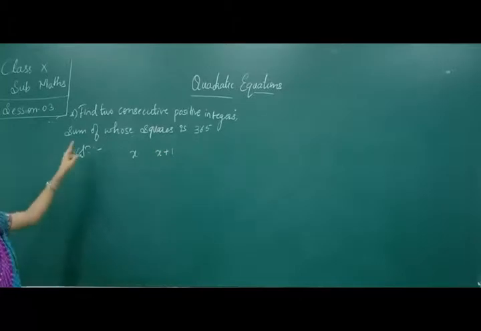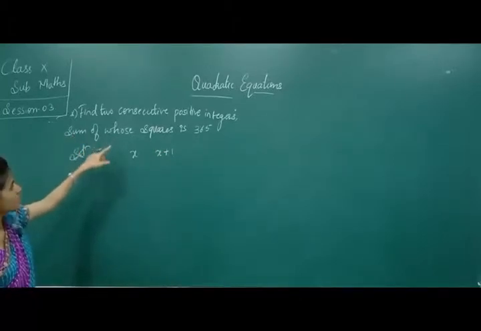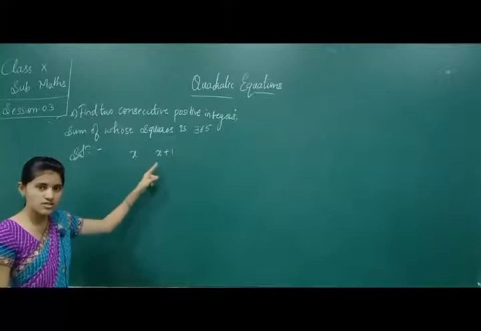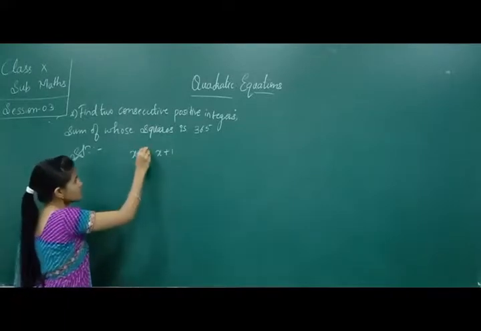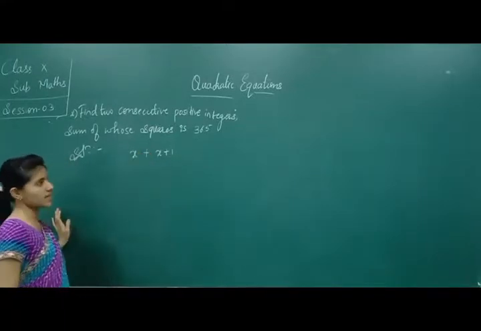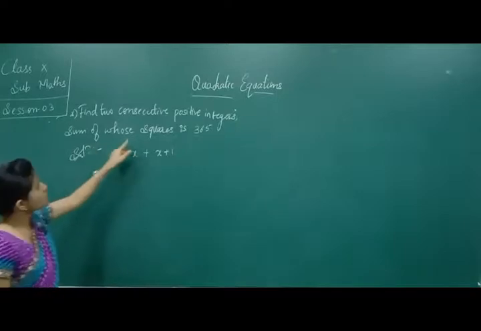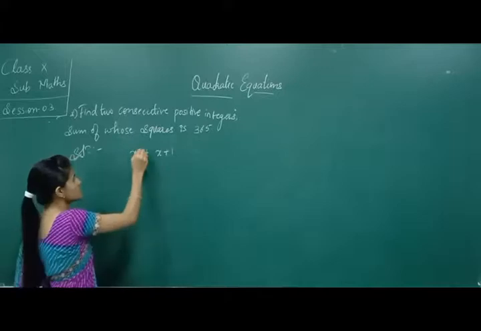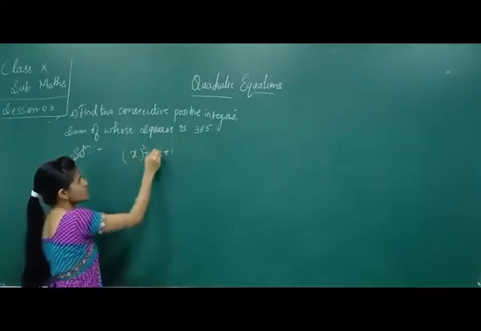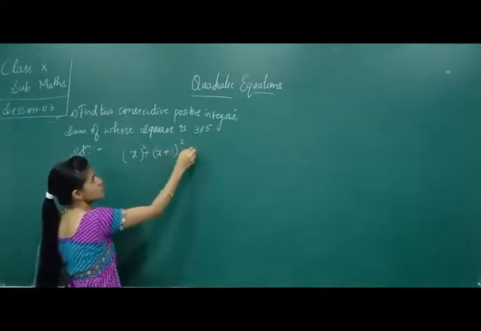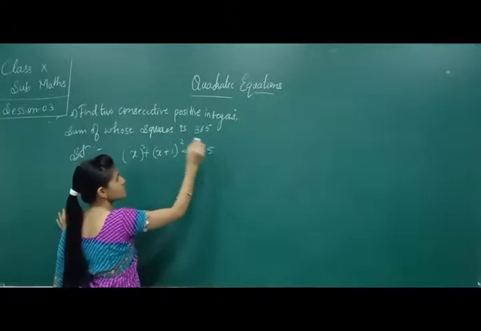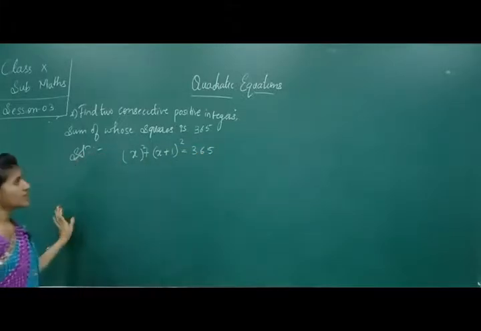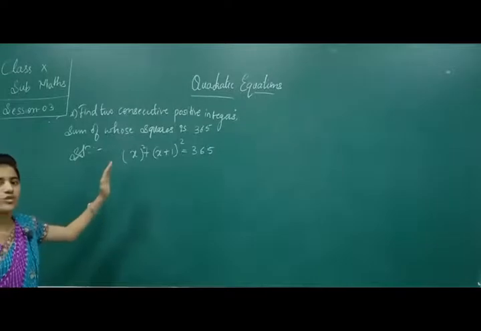What they have said is the sum of whose squares, not just the sum of these two numbers, but the sum of their squares, is equal to 365. Okay. We just need to solve it step by step.